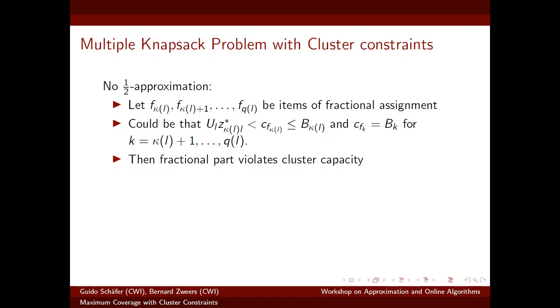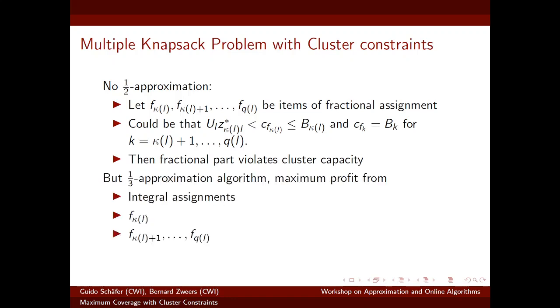So unfortunately here it's not a half approximation, but we can derive a third approximation. Namely, you just take the maximum profit from the integral assignments, which is always feasible. You just take the budget of the fractional assignment of the critical knapsack on itself, which also always is a feasible solution because it does not violate the cluster capacity.